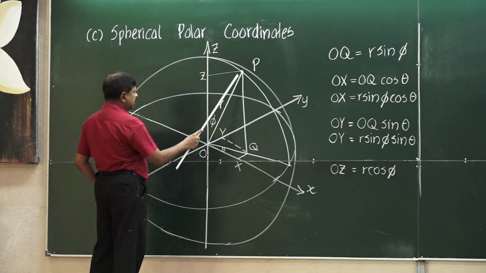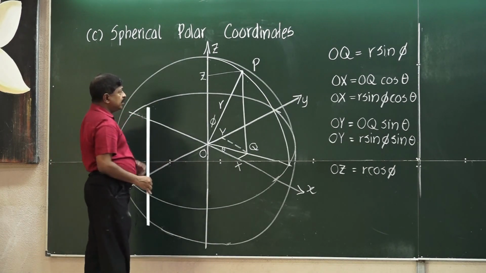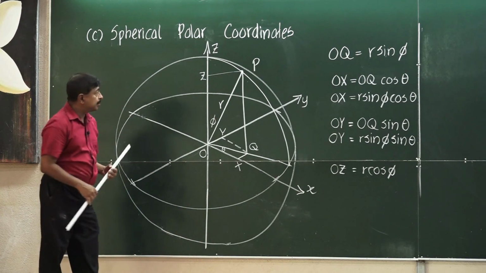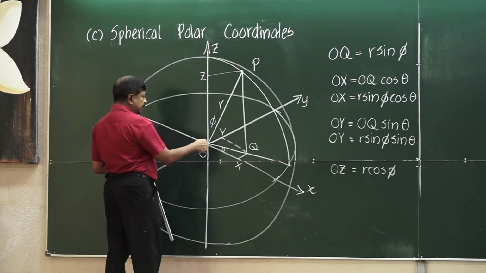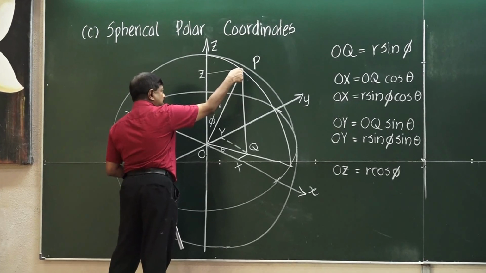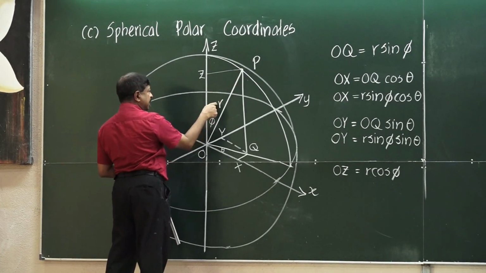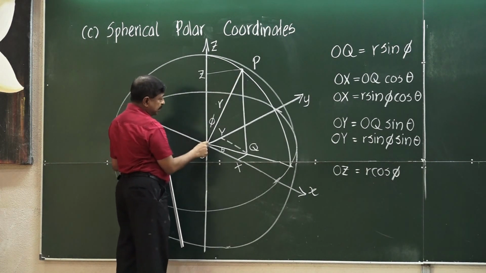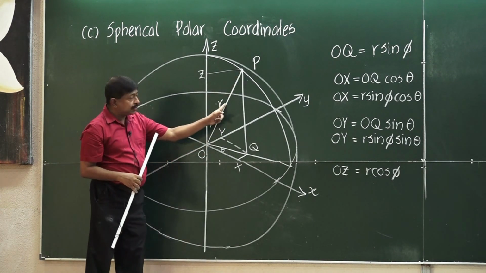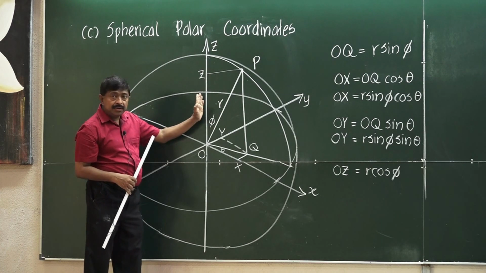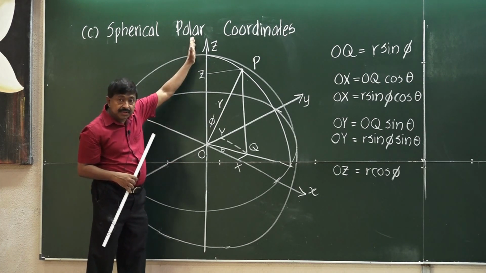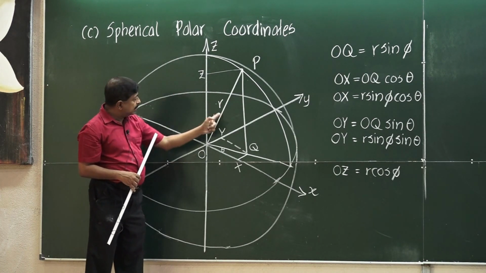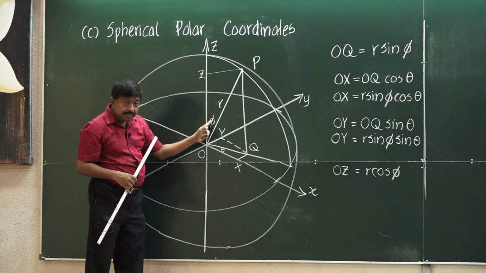Now, take a point on the sphere, let that point be P. Now, the distance from O to P can be taken as R, and now OP is a line segment. The line segment makes an angle with the positive direction of Z. Now, let this angle be phi.